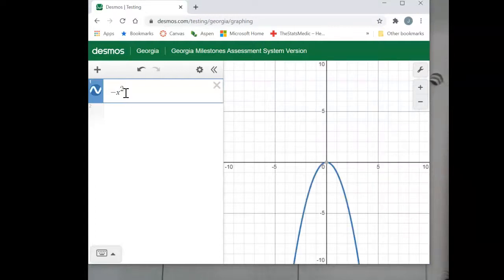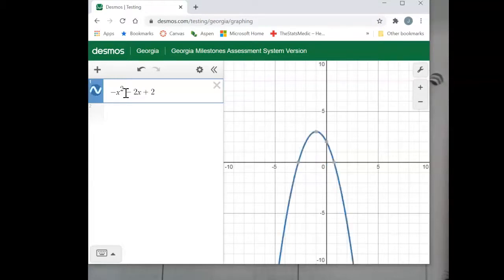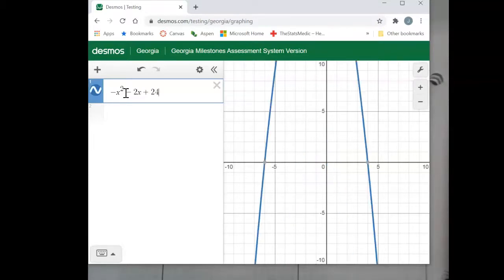I'm going to drop back down, minus 2x plus 24. Oops, I put equals 24. Sorry about that. Plus 24. So really all you're worried about is where the graph crosses or touches the x-axis. So here it crosses at -6 and at +4.